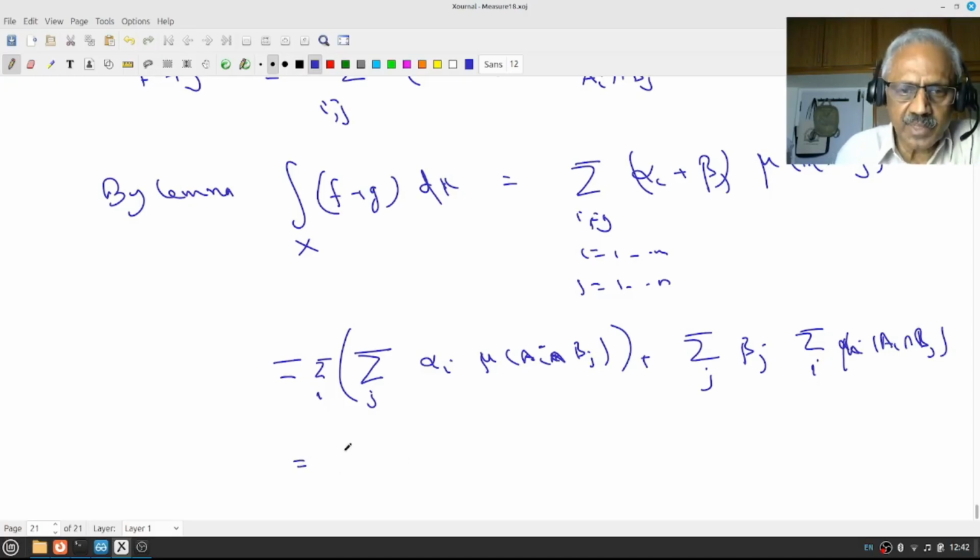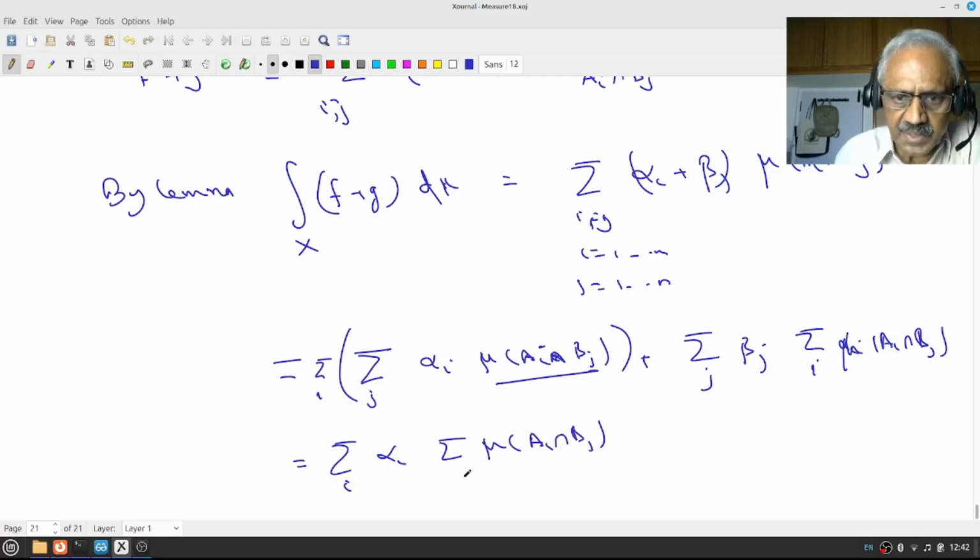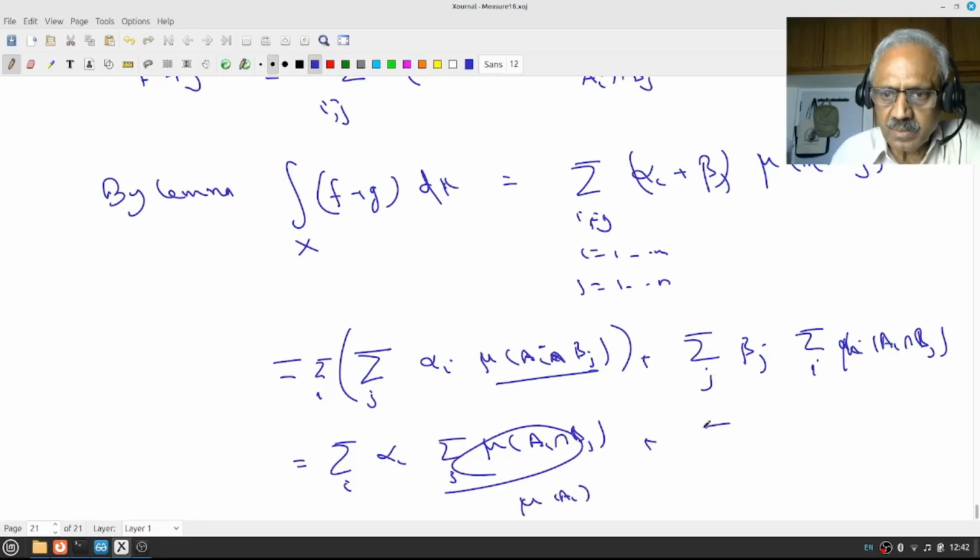See, this alpha_i comes out, therefore this is summation of alpha_i over i and summation of mu of A_i intersection B_j over j, but this is nothing other than mu of A_i. Similarly, this is summation over beta_j, and the summation is over i with j held fixed. Since the union of the A_i equals all of x, this will be mu of B_j. We already saw that.